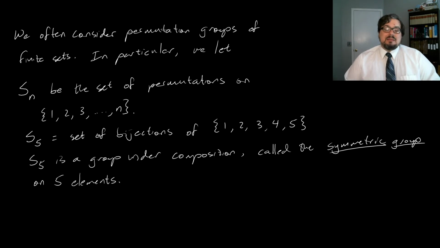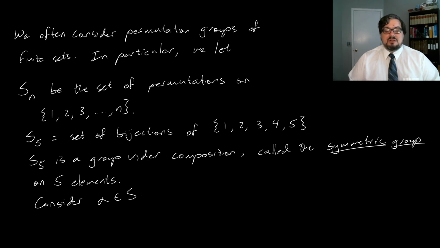A particular element of S5 might be the following. Let's consider the following alpha belonging to S5. Alpha is just a function, and it's going to take the various elements of S5 to various other elements of S5, and all we have to make sure of is that alpha winds up being a bijection.